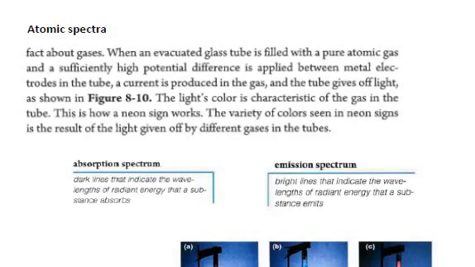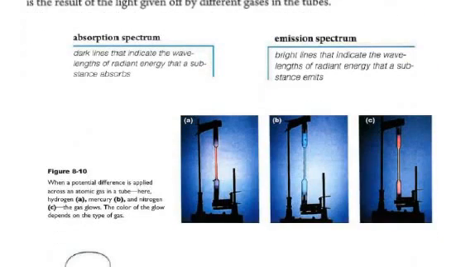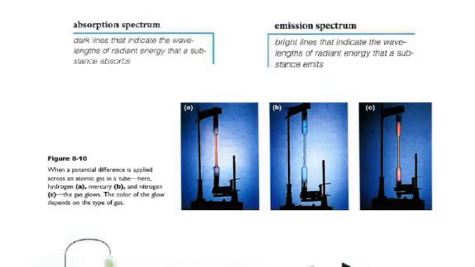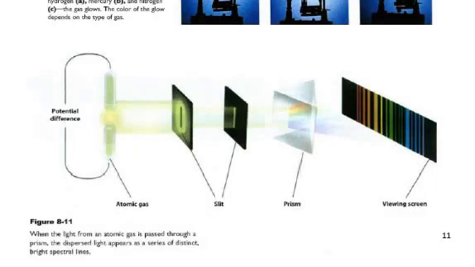The first one is the absorption spectrum, the second one is the emission spectrum. Experimentally, in this figure we can produce an atomic spectra in labs similar to the ones that we get from the sun. In this figure we can understand the atomic spectra better.